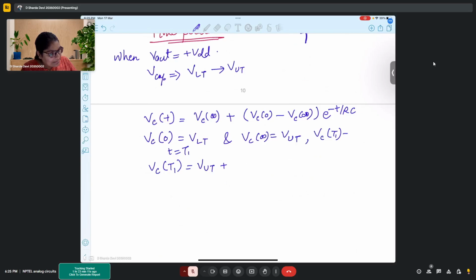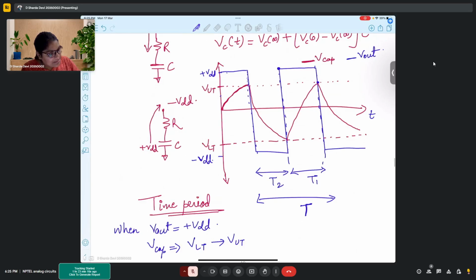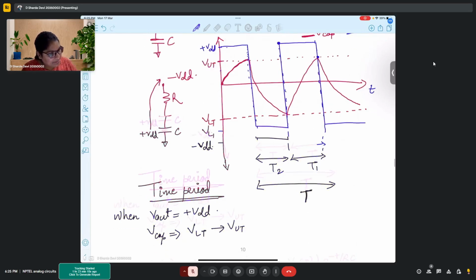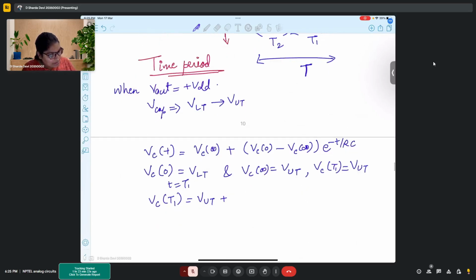At t1, the potential of VC(t1) is VUT, right? So VC(t1) is VUT. So here this will become VUT.